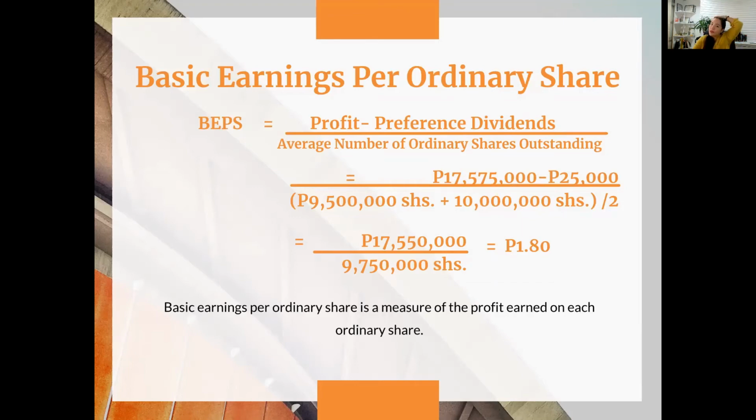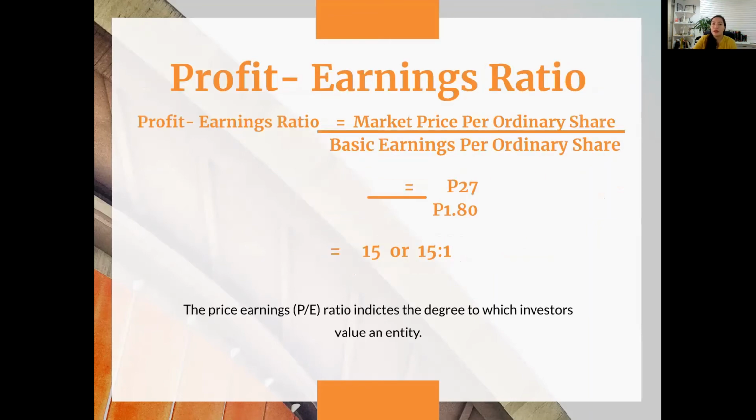Then you can get your basic earnings per ordinary share, which is a measure of the profit earned on each ordinary share. The price earnings ratio equals the market price per ordinary share over the basic earnings per ordinary share.